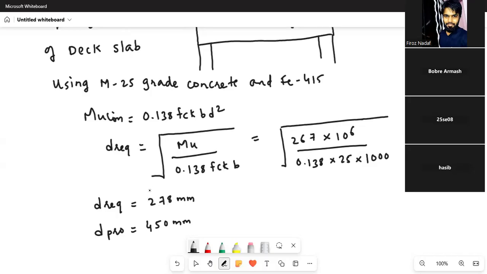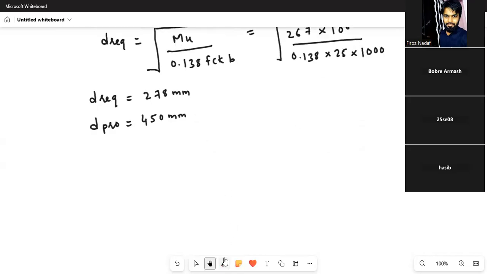This is the required depth and this is the depth that you have provided. Directly we can move towards the reinforcement. We will find the main reinforcement. Main reinforcement is related to the ultimate design bending moment. So for that bending moment, whatever reinforcement you are getting, you need to calculate that.